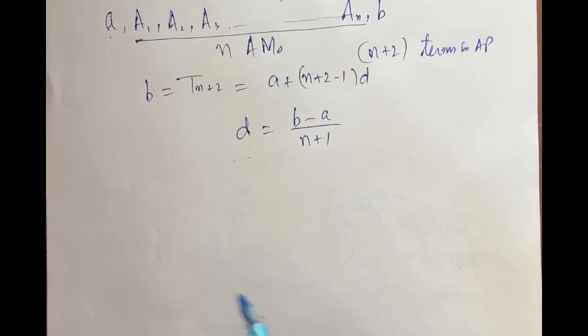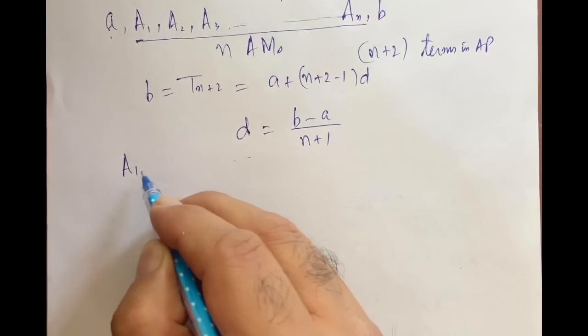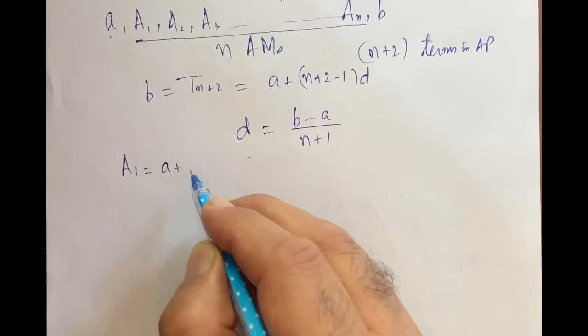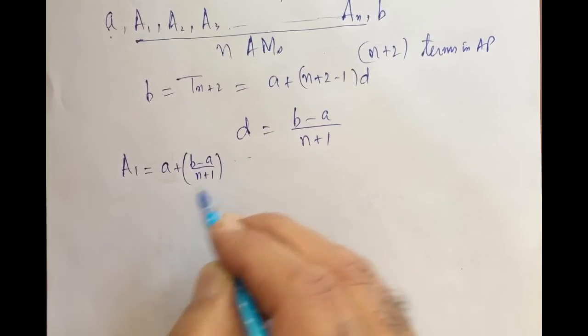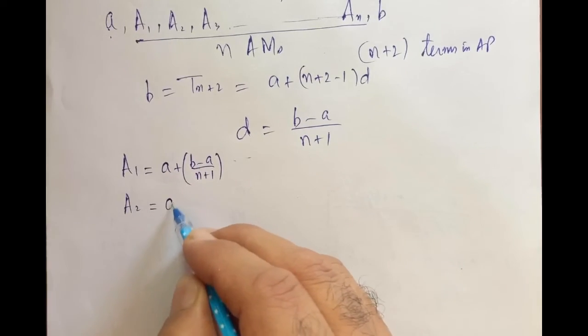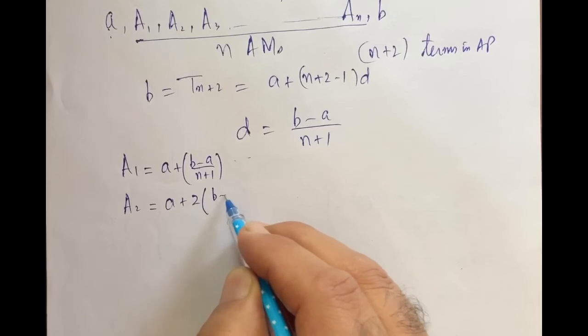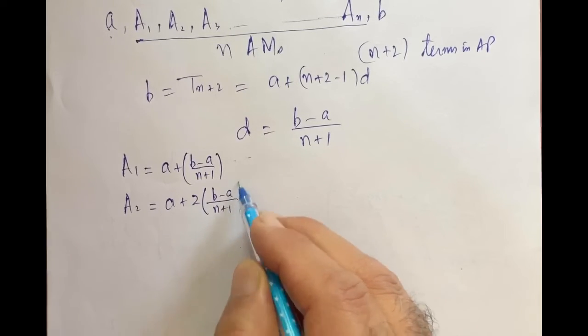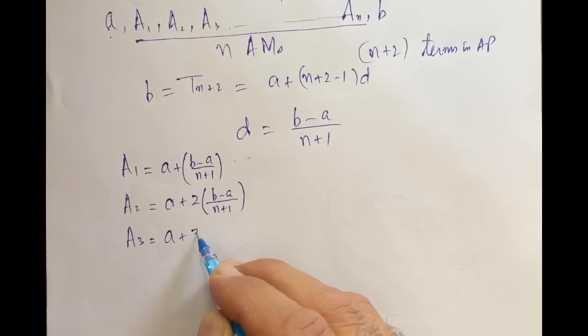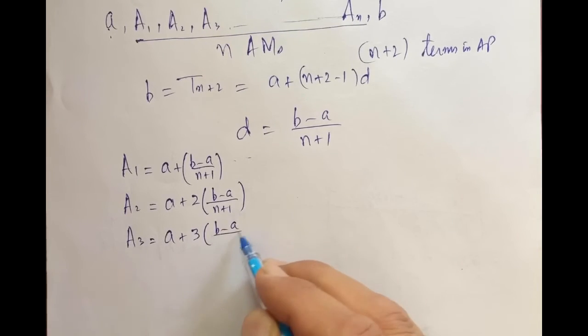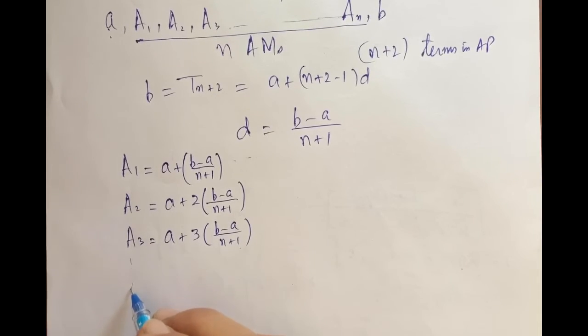Next we have to find out the arithmetic means. a1 is a plus d, that is a plus (b minus a) upon n plus 1. The second arithmetic mean is a plus 2 times (b minus a) upon n plus 1. Similarly, the third arithmetic mean is a plus 3 times d, (b minus a) upon n plus 1, and so on.